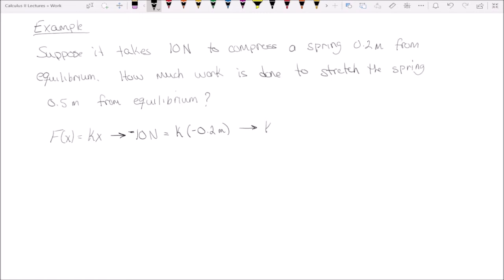So this means that k itself would be 10 newtons over 0.2 meters, which is 50 newtons per meter. All right, so our spring constant is 50, so we get f of x equals 50x.